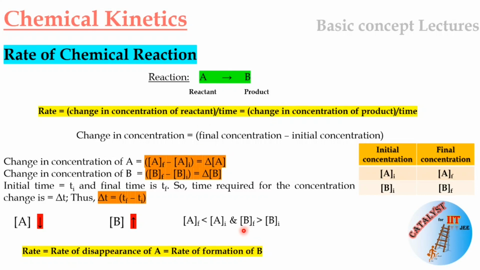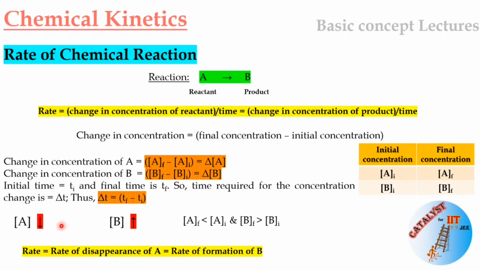And similarly BF is always going to be more than BI because the concentration is always increasing. So delta A, which is my AF minus AI, is going to be a negative number because AF is less than AI, whereas delta B is always going to be a positive number.